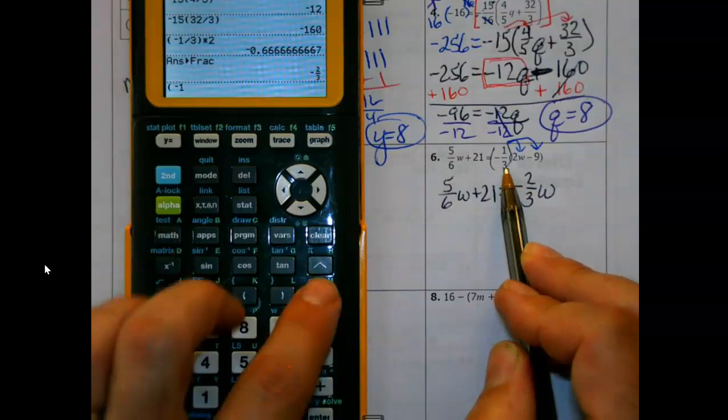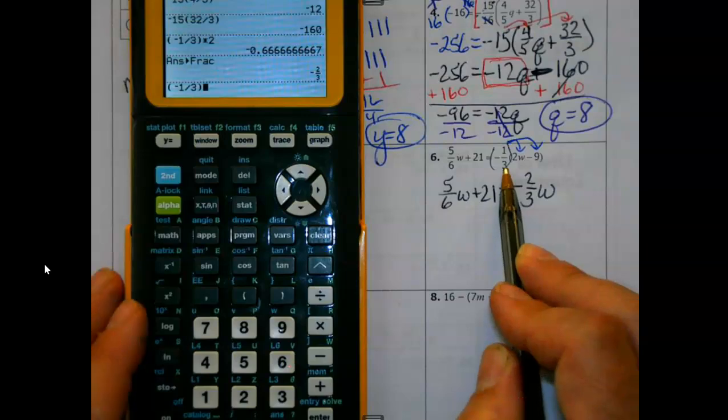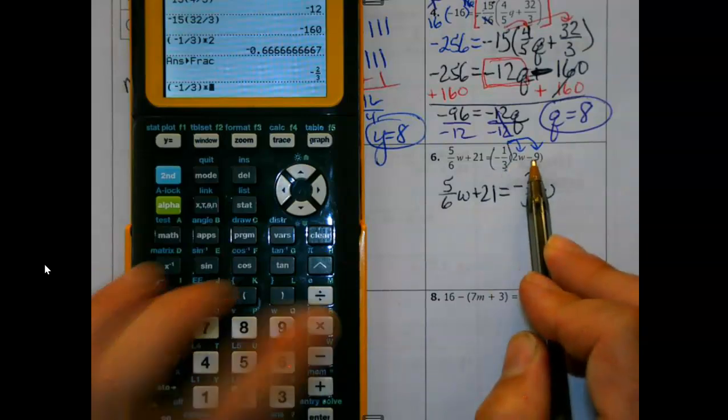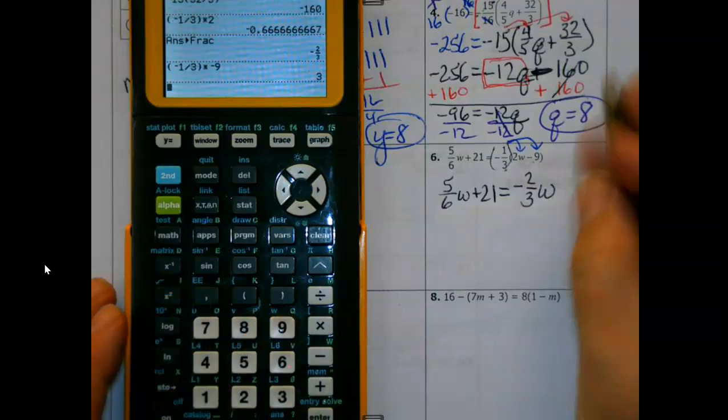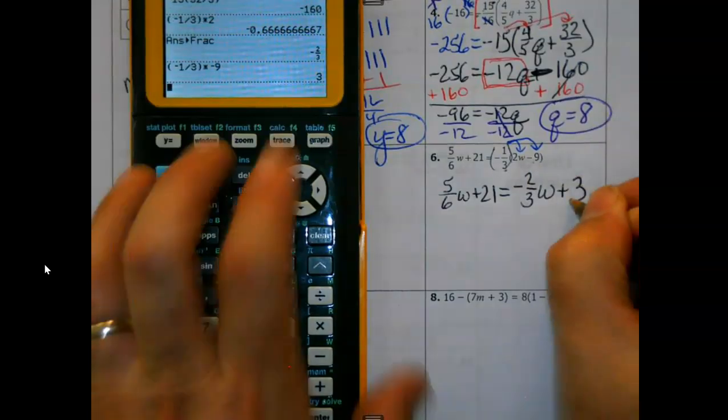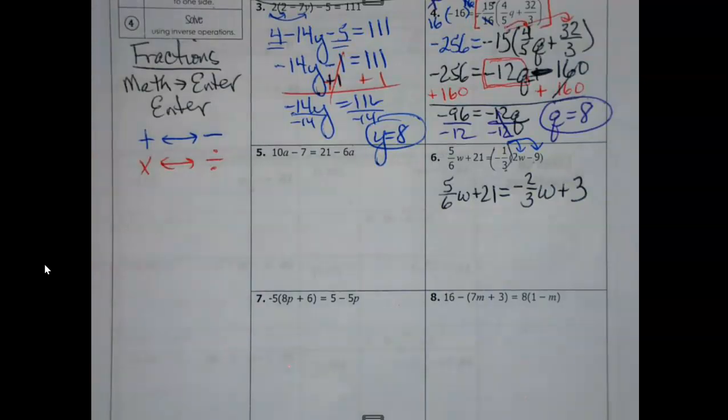Negative 1/3, 1 divided by 3, times negative 9 is positive 3. So kind of similar to the last one. Like, we distributed, we got rid of the parentheses, but I still got all these fractions. What the heck?